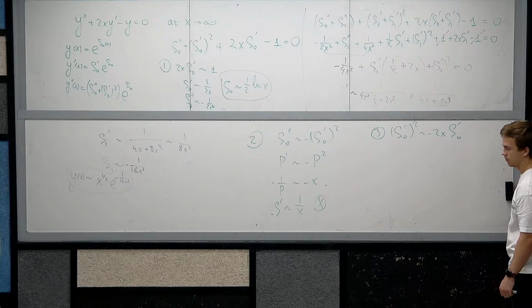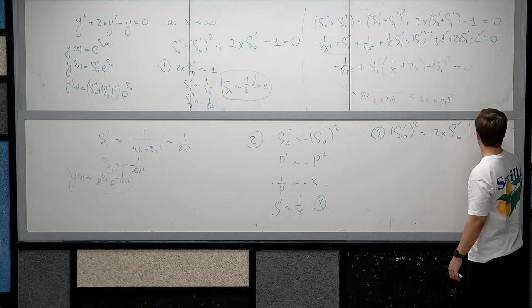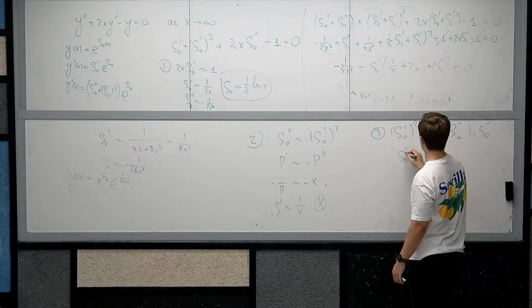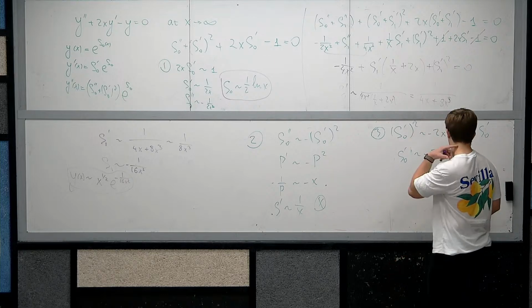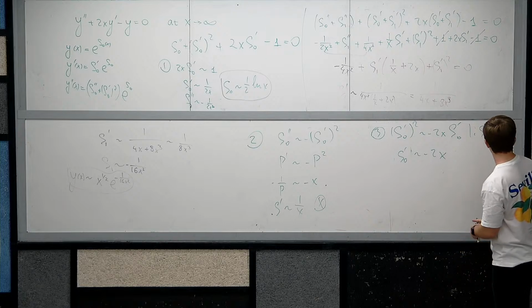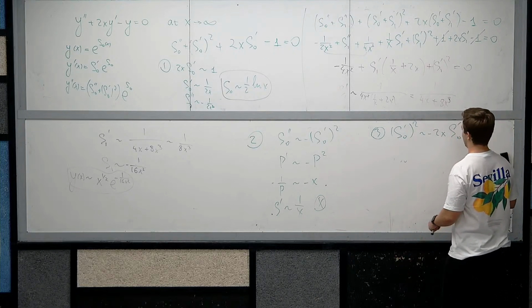So we can divide both sides by S naught prime, which is not zero. I mean, the proper way to do it is this one.